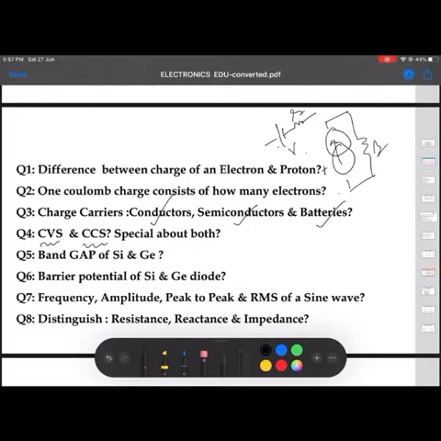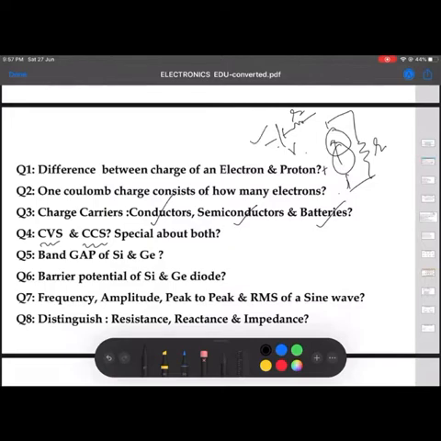So for the voltage source, this R should be as low as possible, ideally 0, and for the current source it should be as high as possible, ideally infinity. Remember, the internal resistance of the current source has to be very high, and that of the voltage source very low.